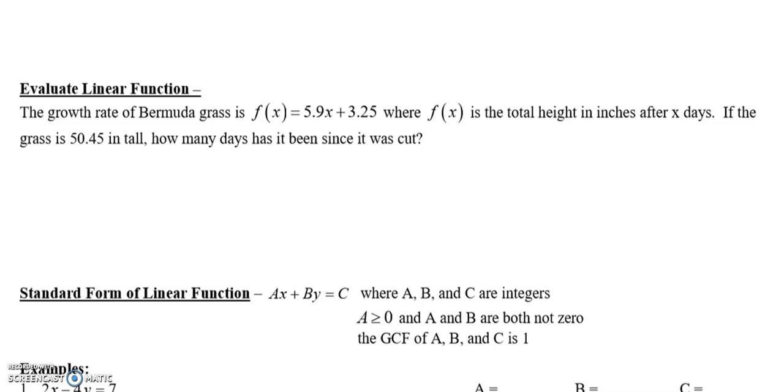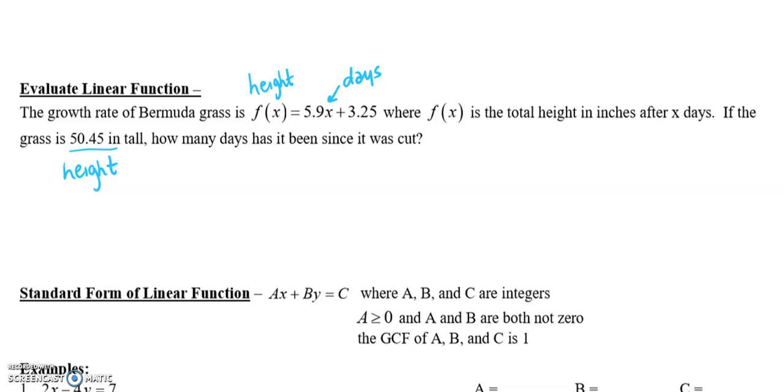So f of x is the height, and x is the number of days. So this 50.45 is the height, how tall the grass is. So that represents our f of x, because f of x was the height and x was the number of days.